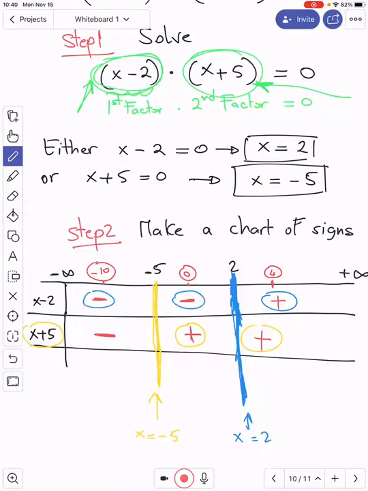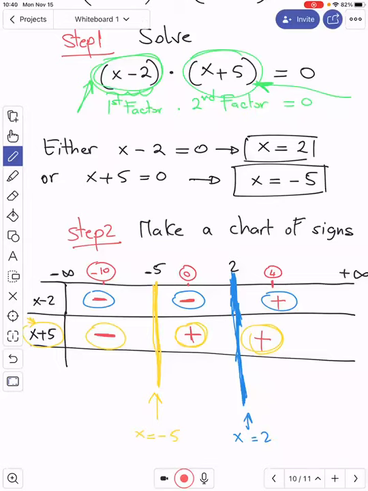So we did the same thing for x plus 5. The yellow line represents x equal to -5. On the right side, it's positive. And on the left side of this yellow line, which represents -5, x plus 5 is negative. Okay. Now, this is my two factors, the x minus 2 and the x plus 5.